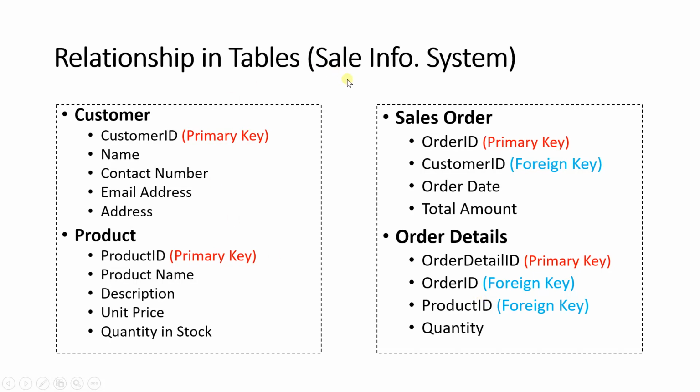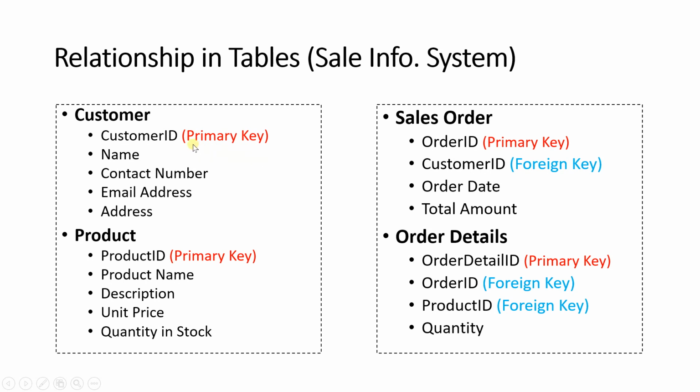As we have already taken one example of the sale information system, in which we have considered customer, product, sale order, and order detail as the entities for which we need to create the tables, and we have already created these tables in the last lecture, which is available online.